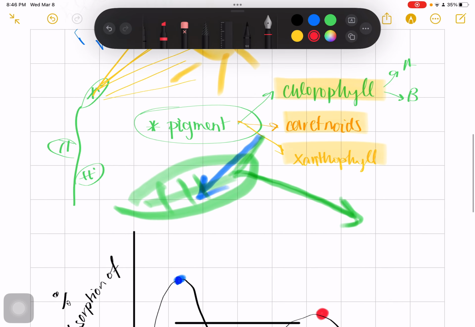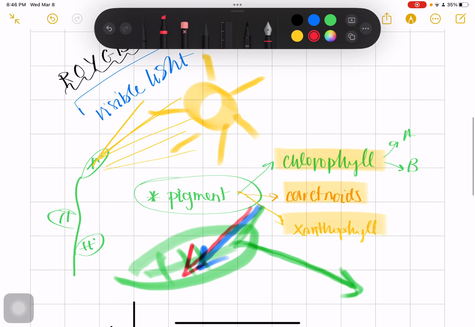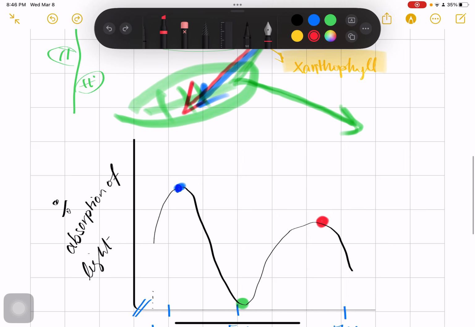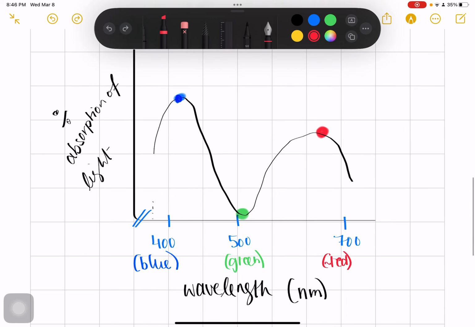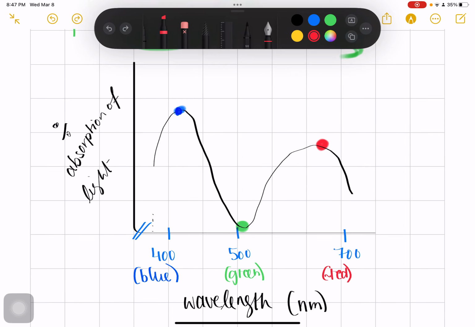And the color red will actually be absorbed by the leaf at a little bit lower percentage than blue, but that can be explained by the presence of carotenoids. Carotenoids are orange, and red is very close to orange. Therefore, it will be absorbed a little bit less than blue will. Okay? So that's pretty self-explanatory.